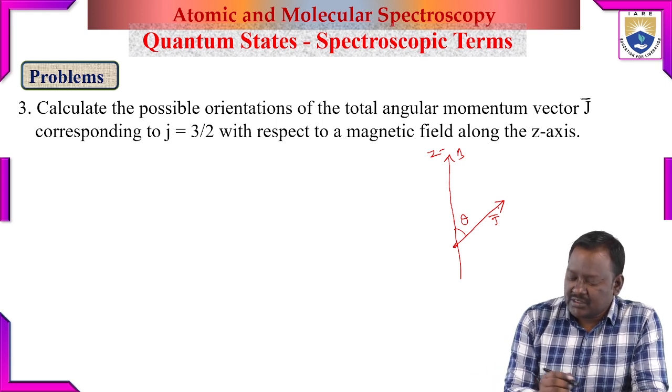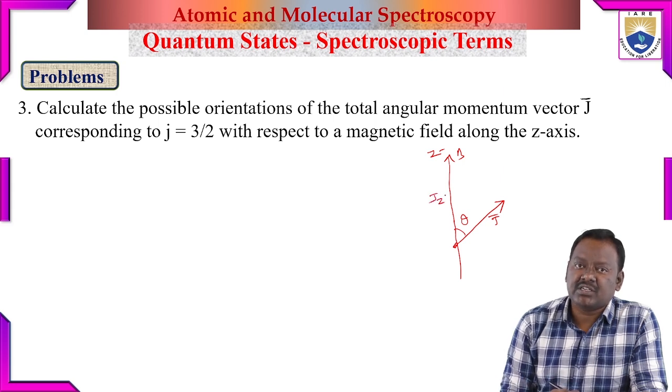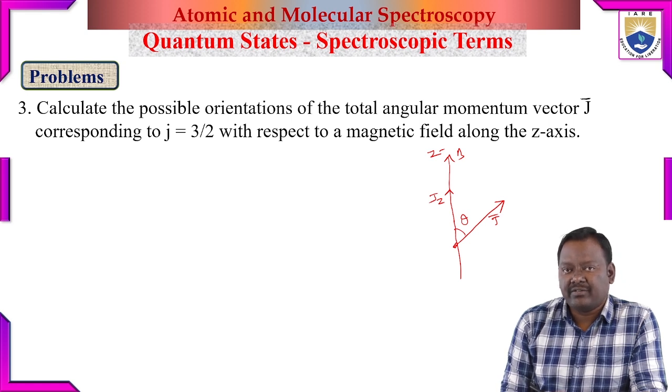For that we also take the z component of the total angular momentum vector, jz, in the direction of the magnetic field.